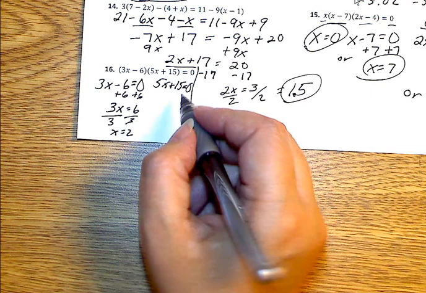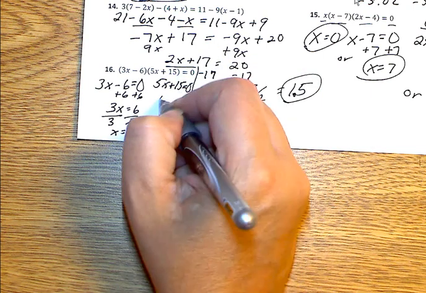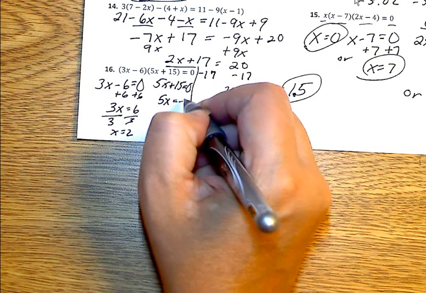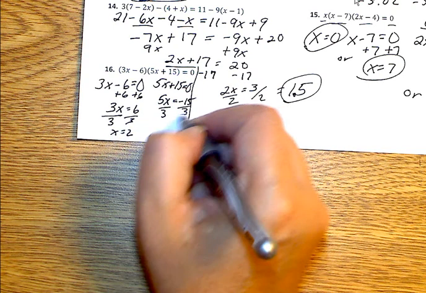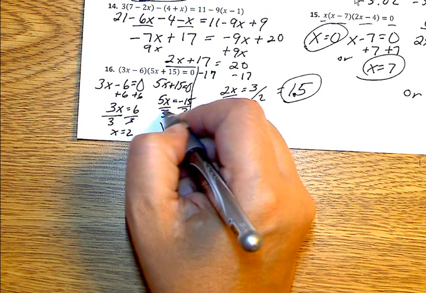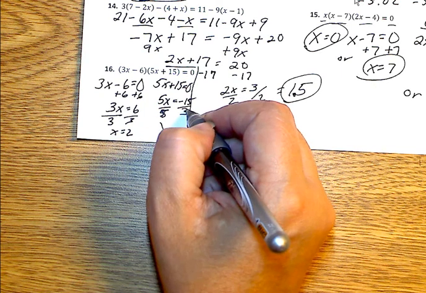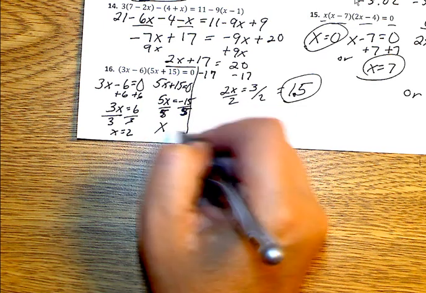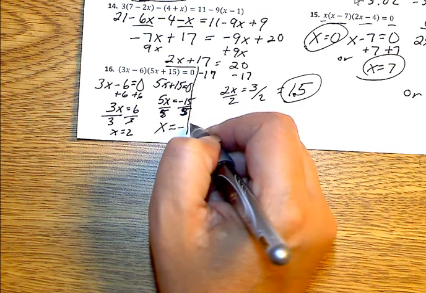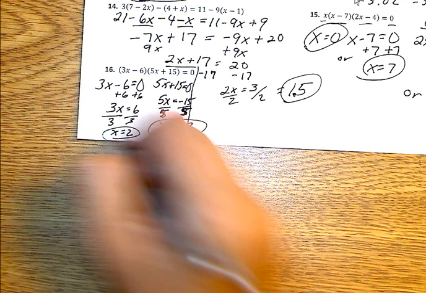Here, I have to subtract 15, so I get 5x is equal to a negative 15. Divide by 5. Thank you. And the answer is 3. That's how I got my 3. And x is equal to a negative 3.